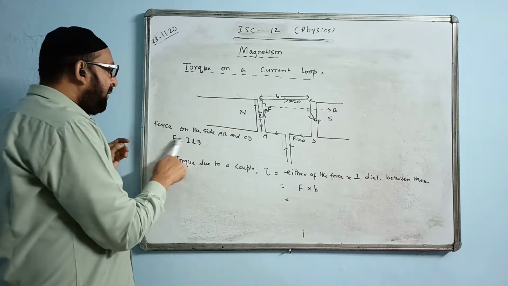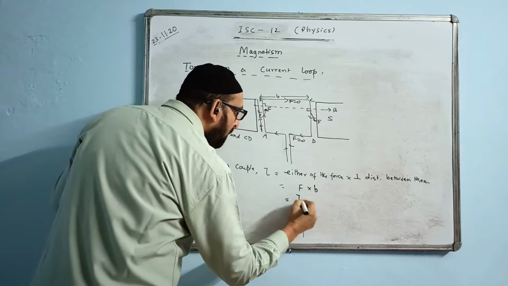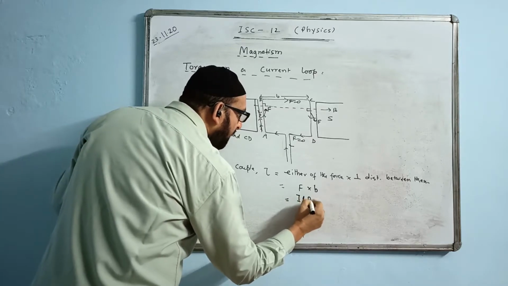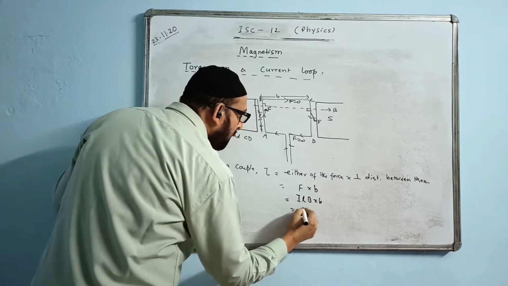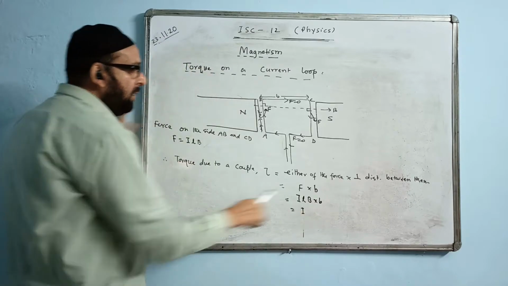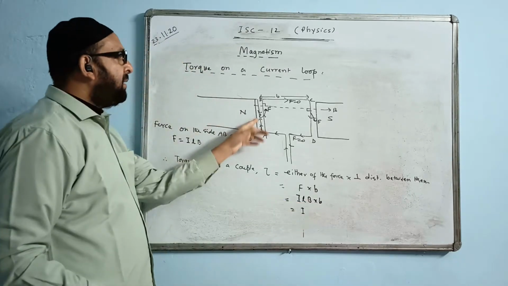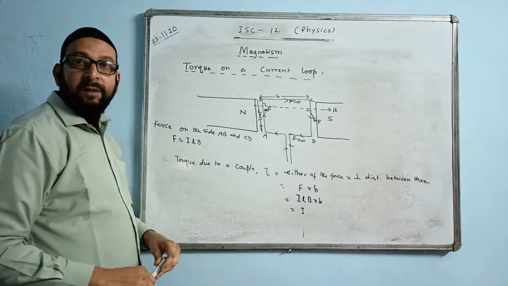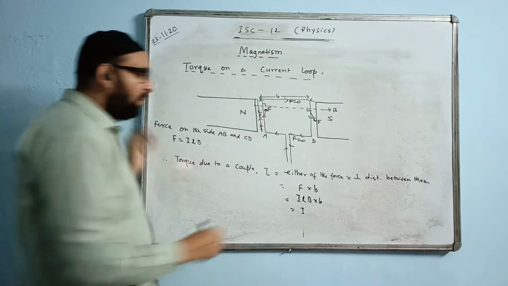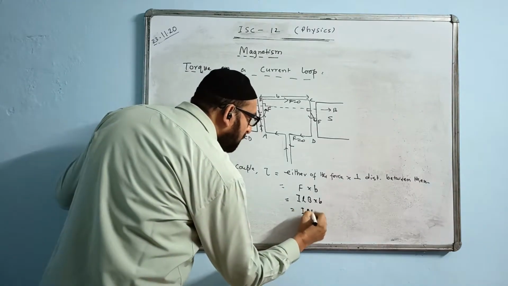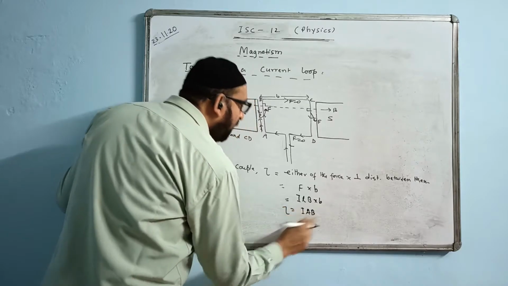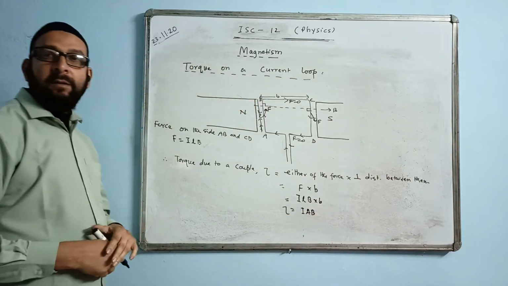I put the value of F. The value of F is I l B, capital B, into b. I as it is, length into breadth. Length multiplied by breadth, what does it make? It makes the area of the coil. I write here A, so I A B. The torque formula will have IAB.